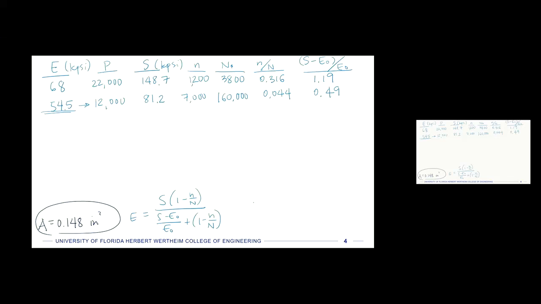So n over N is equal to 7 over 160, so that seems right. And then S, 81.2 minus 54.5 divided by 54.5. So it's like 27 over 54, yeah, about half.